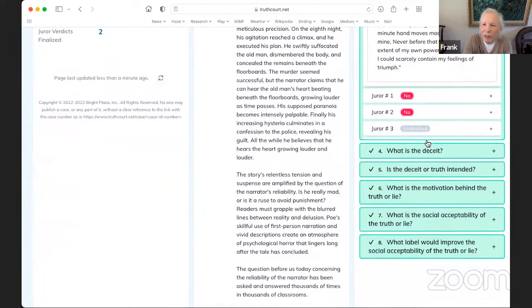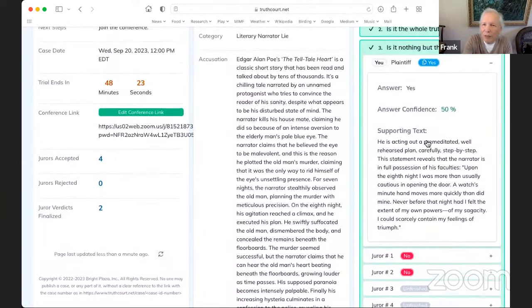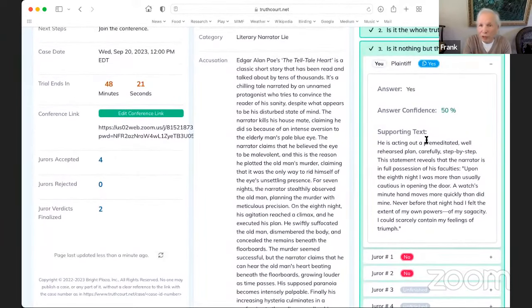Is it nothing but the truth? Again, I'm saying yes, with a 50% confidence. I'm saying he's acting out of a premeditated, well-rehearsed plan, carefully, step by step. It reveals he's in full possession of his faculties. And here's a quote that backs that statement up. "Upon the 8th night, I was more than usually cautious in opening the door.